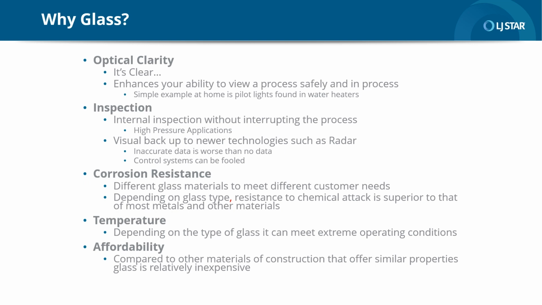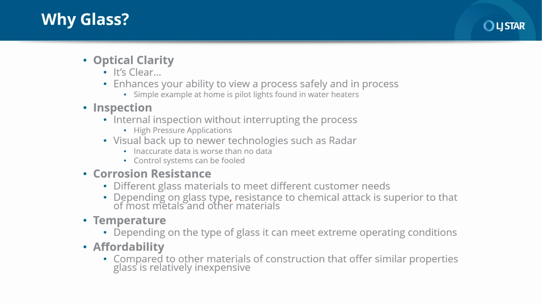It's going to basically enhance your ability to view the process safely and in process, which is very important. The best example I can give for anybody that's not necessarily in a process type environment is if you're at home and your hot water heater isn't working properly, the first thing they tell you to look at if you've got a gas powered water heater is whether or not the pilot light is lit to make sure that it's functional.